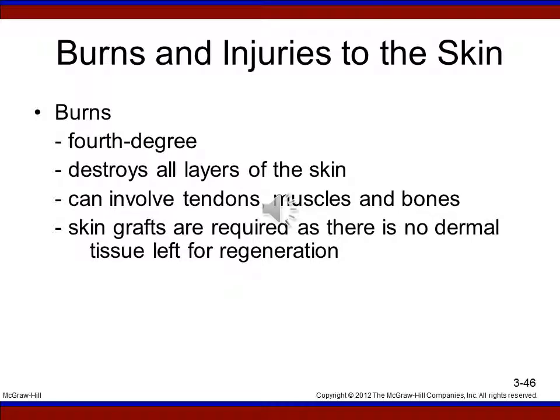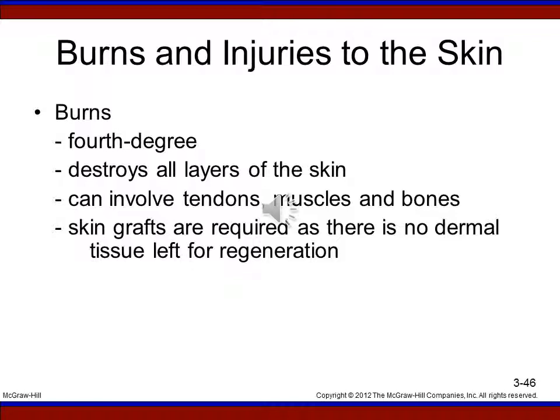Here we're talking about fourth-degree burns, and oh my goodness, fourth-degree burns destroy all layers of the skin, which includes tendons, muscles, oh my gosh, and sometimes bones. What can cause a fourth-degree burn? Exposure to high voltage electricity. What structures do you think would be destroyed in a fourth-degree burn?